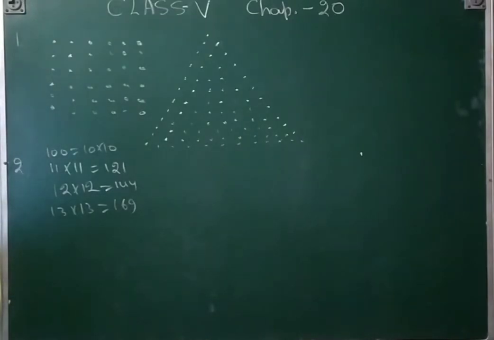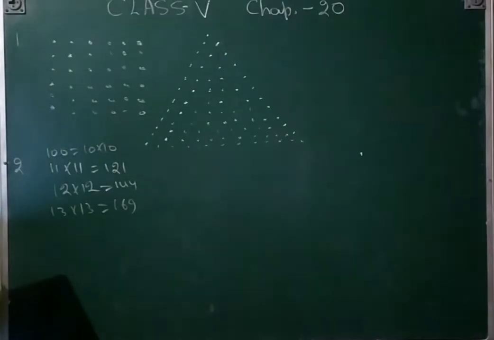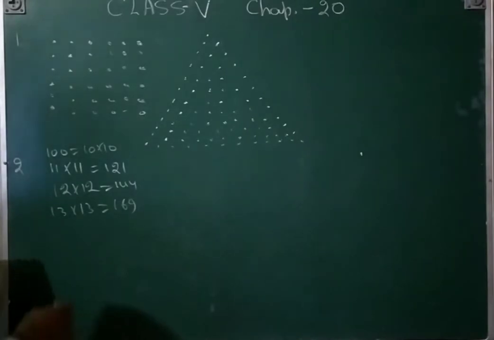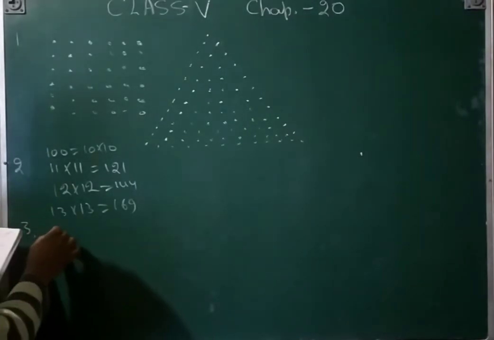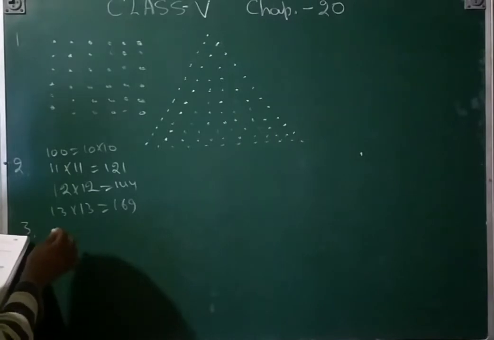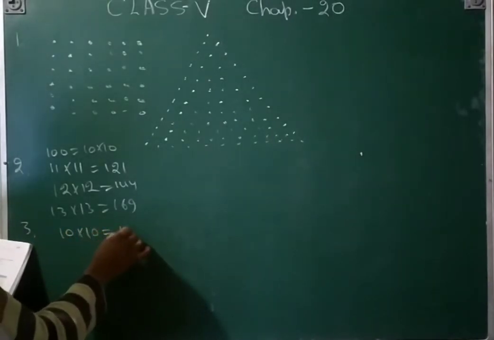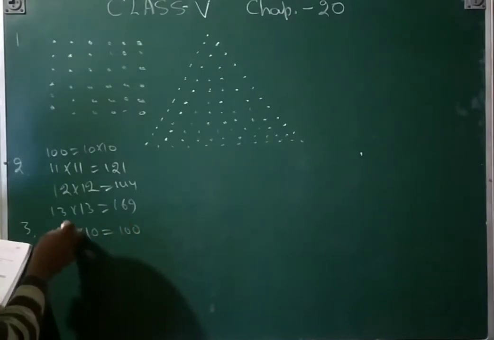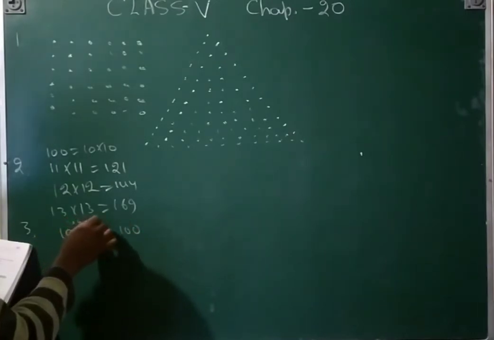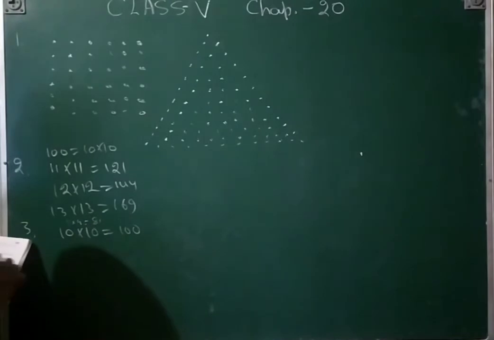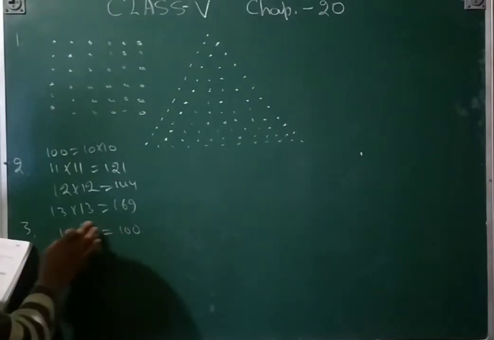Question number 3. Find the square numbers that lie between 85 and 198. After 85 comes 10 into 10 is equal to 100. Before that, 9 into 9 is 81, which is less than 85, so we can't take 9.